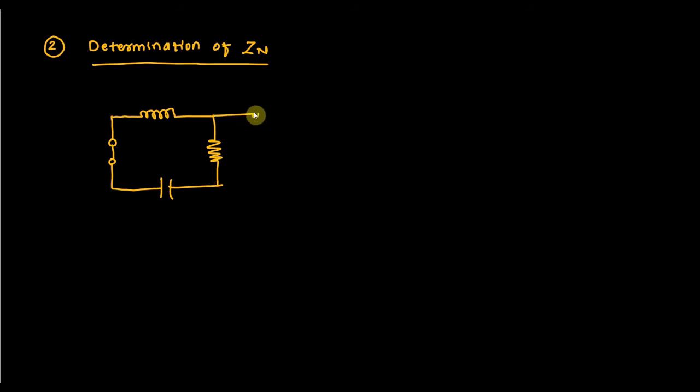And here this is the terminal AB. And you have to find the Zn seen from this terminal AB. So the voltage source is a short circuit. So I think this is 40 ohm, this is j80 ohm, and this is j60 ohm.